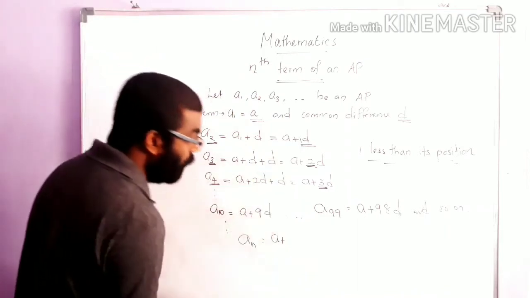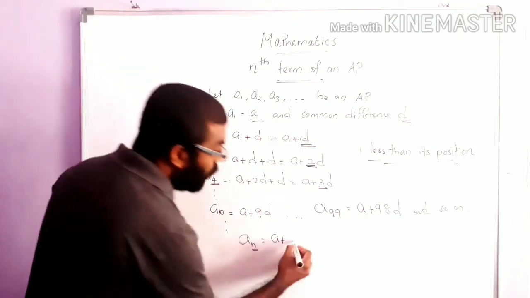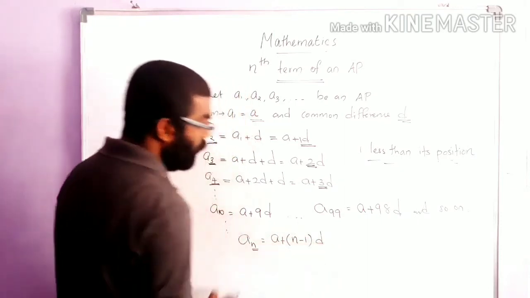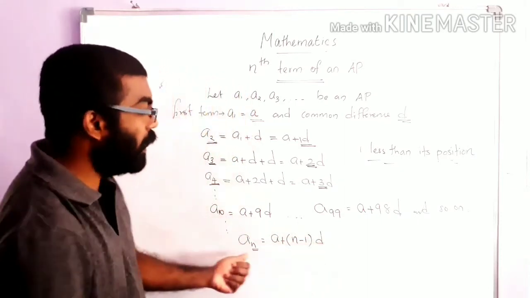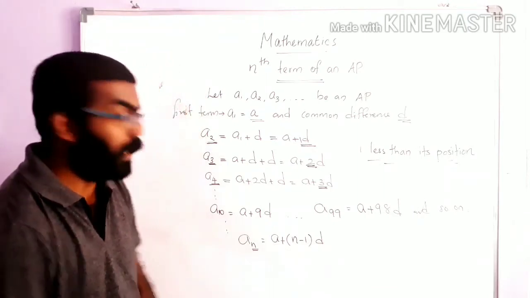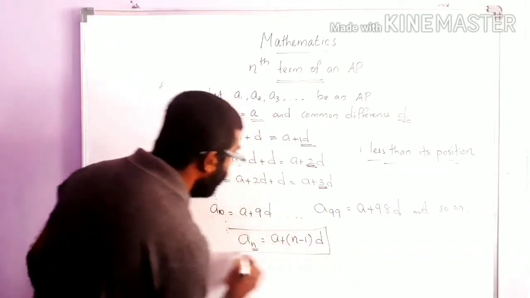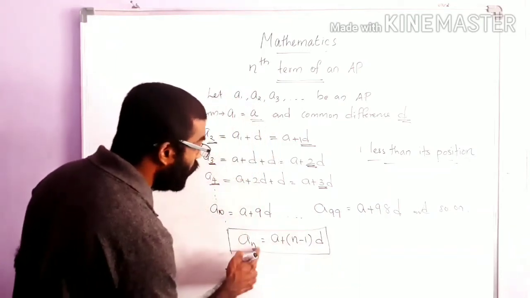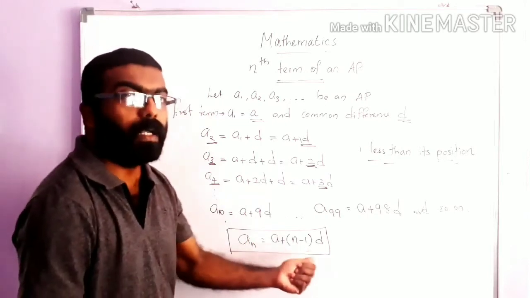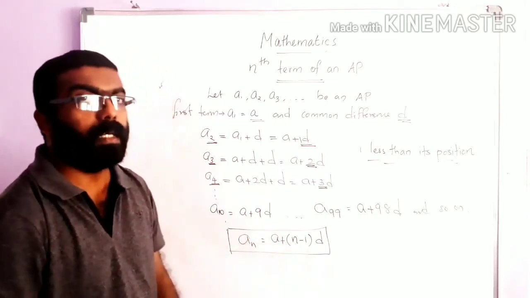So like these examples, we can write A plus, here the position is n, so n minus 1, position minus 1, n minus 1 into D. Okay. So An is equal to A plus n minus 1 into D, and this is called the nth term of an AP, the nth term of an arithmetic progression.